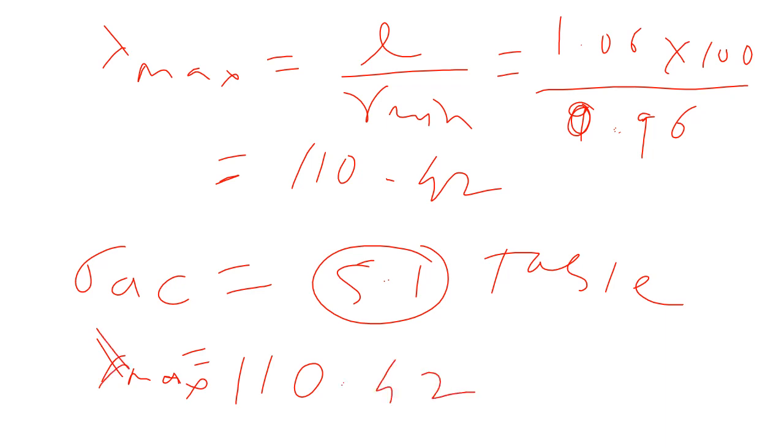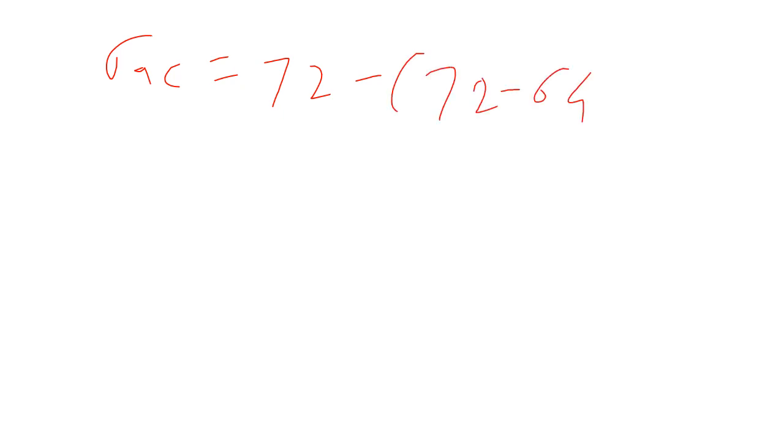It is slightly higher than 110, but still we need to interpolate. If we interpolate that, sigma AC will come to 72.64 minus the 0.42 higher, divided by 10 here.